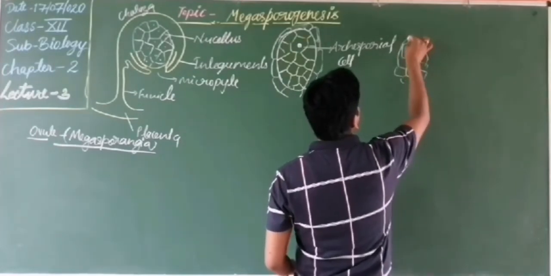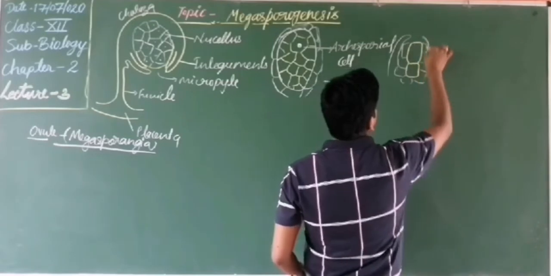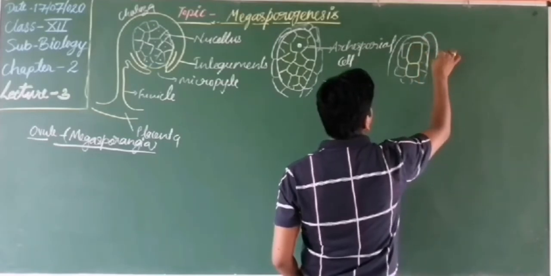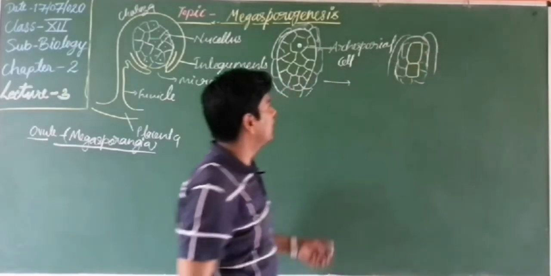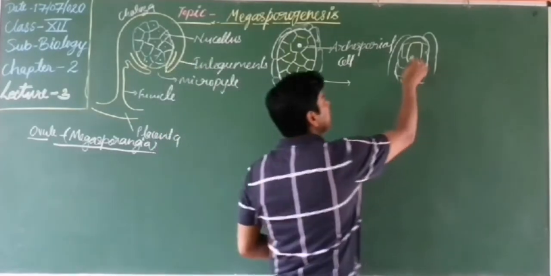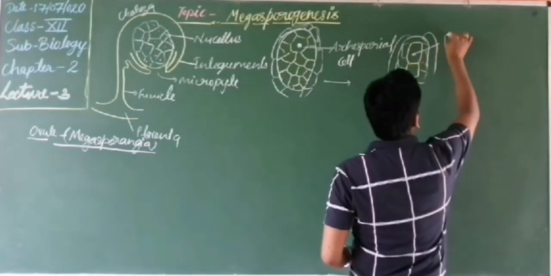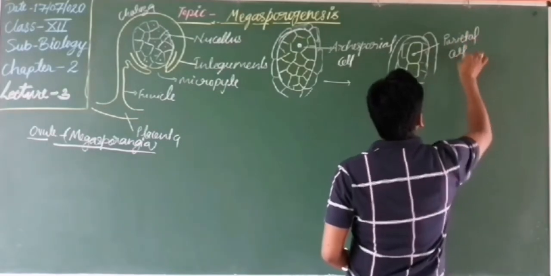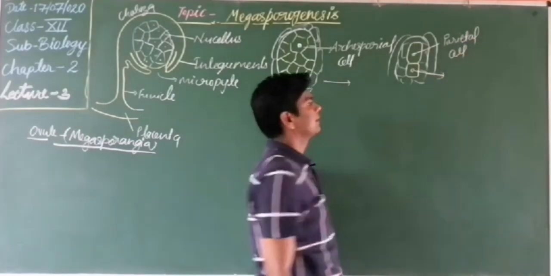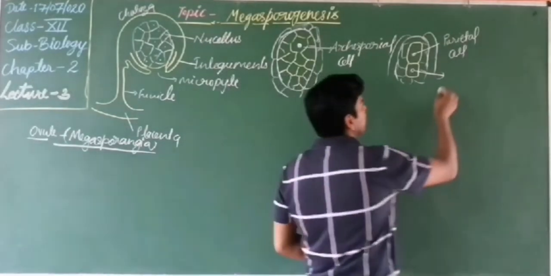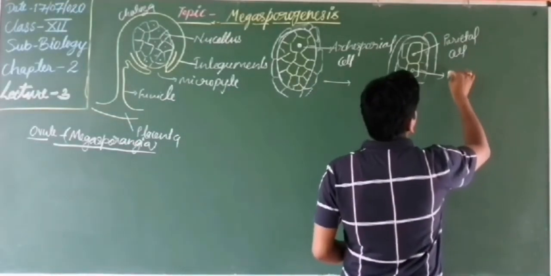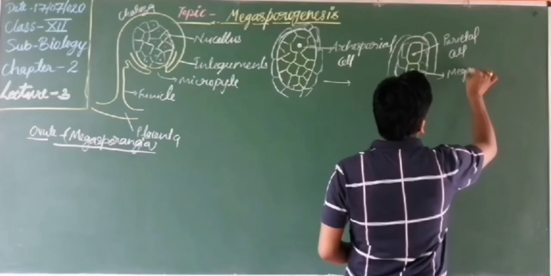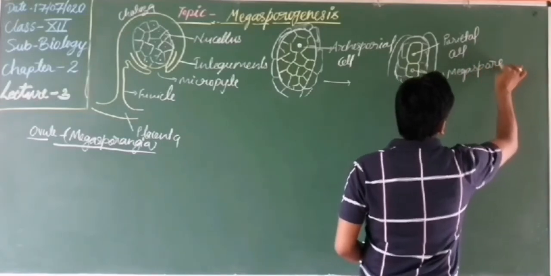So got it? Here you are looking, this one is the parietal cell, and the second one is the megaspore mother cell.